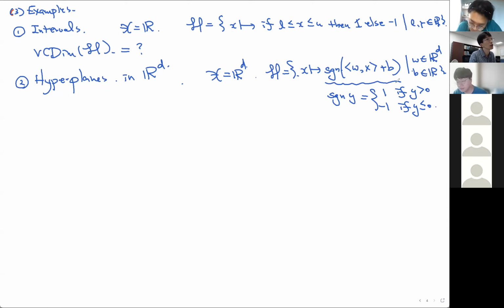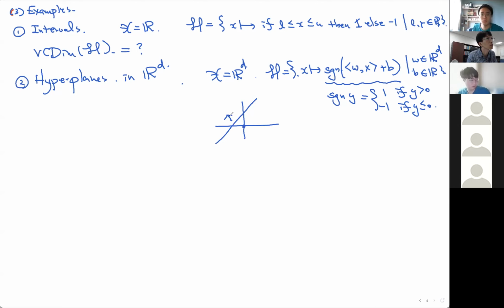In the two-dimensional case, what this does is really drawing a line. w is the direction, a normal vector, and b tells how much this line deviates from the origin.